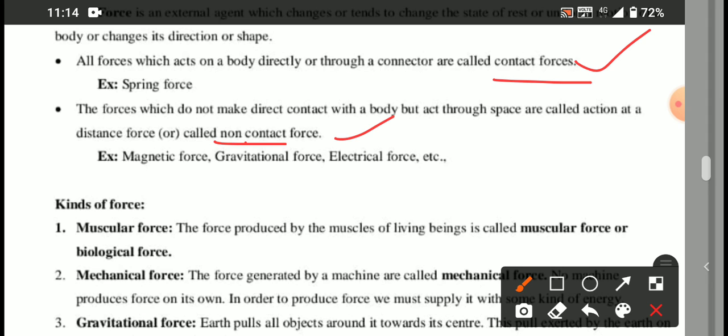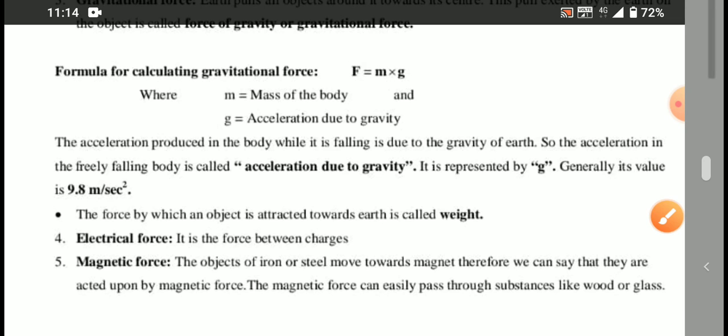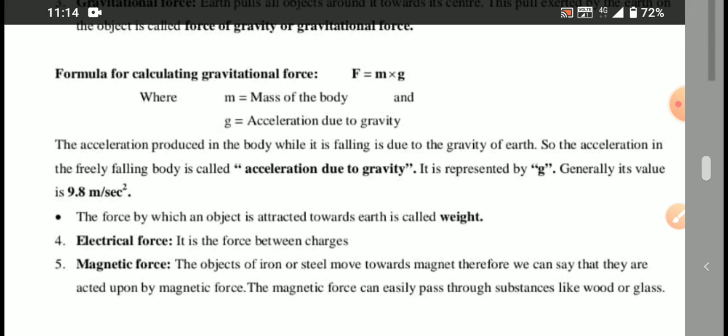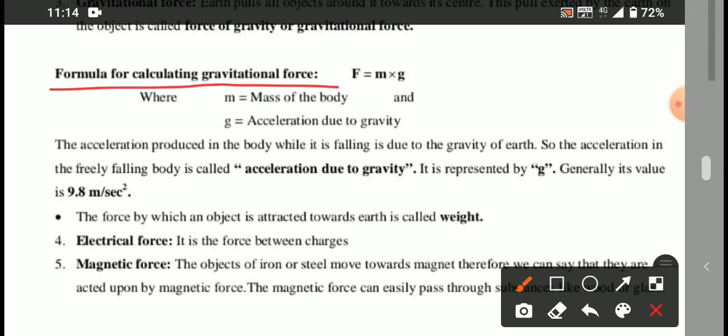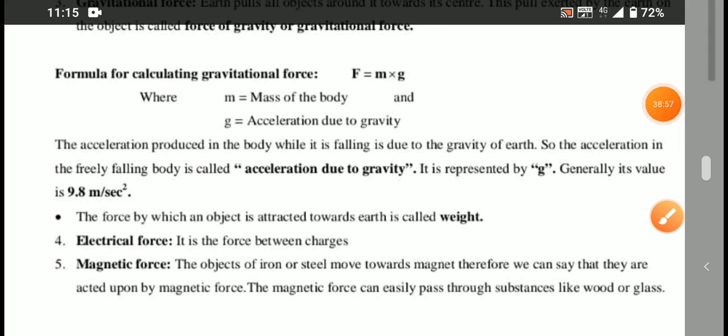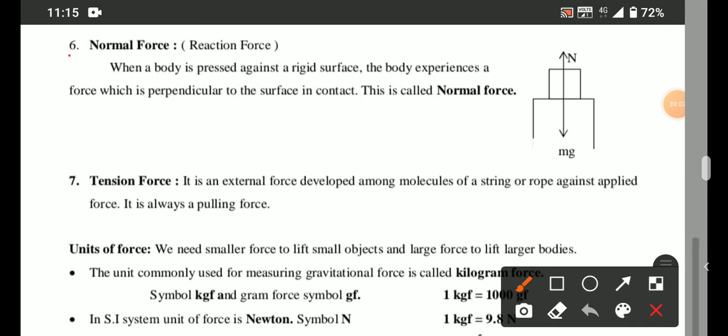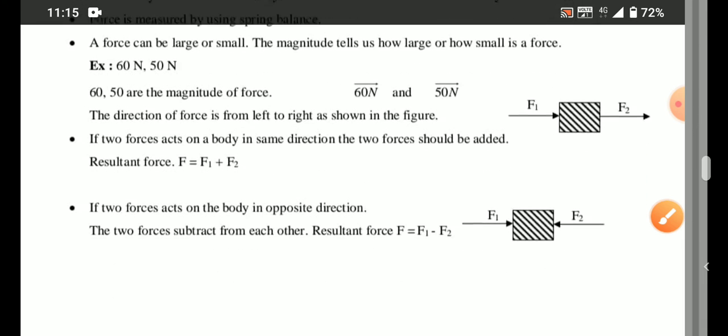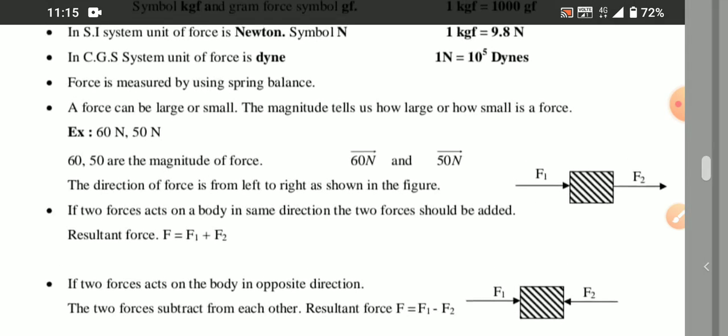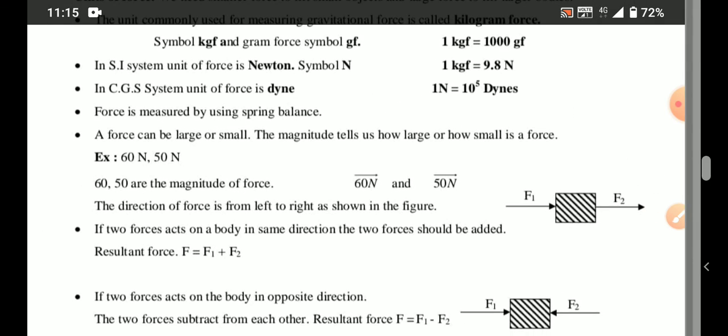We learnt about kinds of forces: muscular force, mechanical force, gravitational force, the formula for calculating gravitational force, acceleration due to gravity, electrical force, magnetic force, and weight. We also learnt about normal force, tensional force, and units of forces. These we have learnt in today's class.